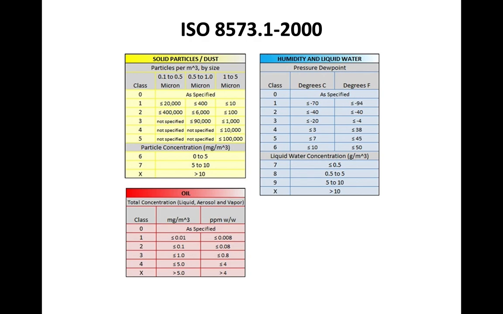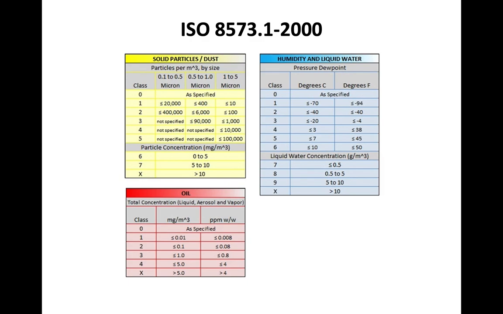If we take a deeper look into this standard, ISO 8573.1, the standard was launched in the year 2000. The standard categorizes the air quality in three parts.